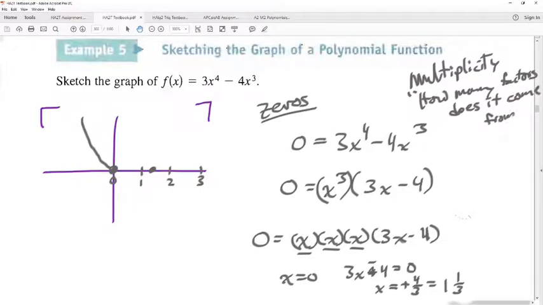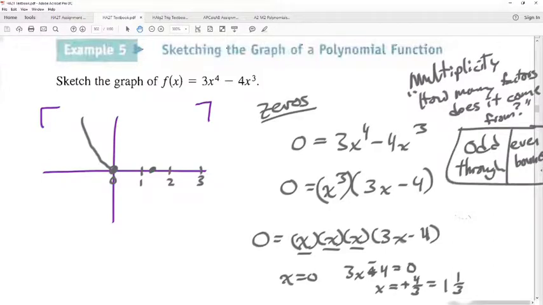That's your question. And then this is what you know about multiplicity. If it's odd, we go through. Even, we bounce.